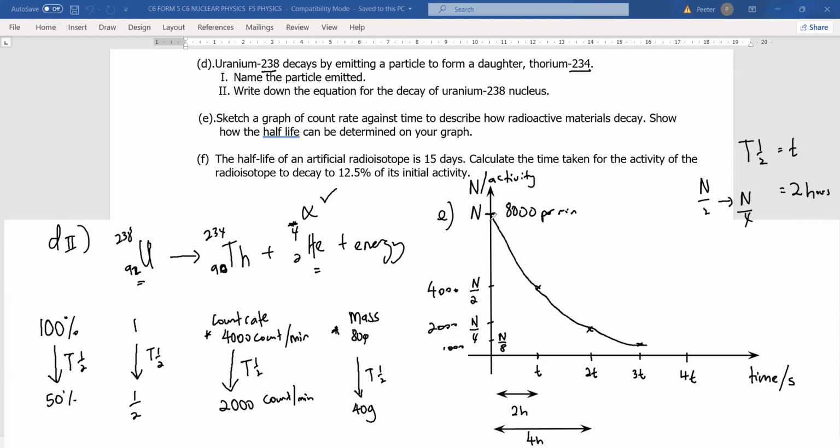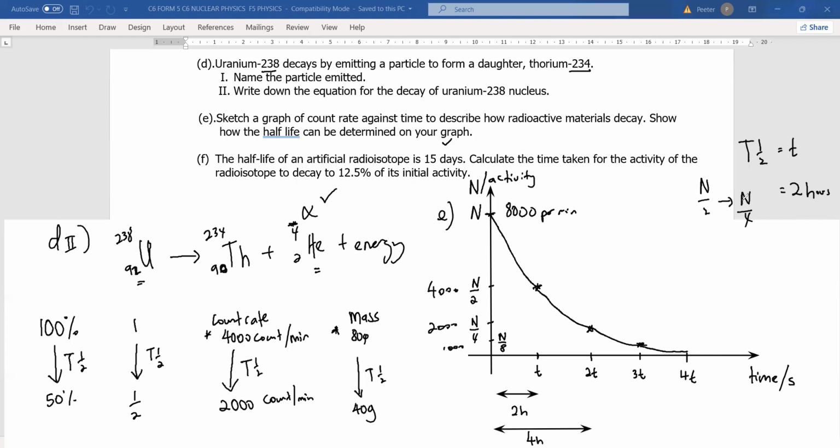So it will drop exactly half after its half-life, then another half after another half-life. So we will get a perfect curve. It's always a curve. The curve will go down and go down. Okay. So this is how we are able to get the graph.